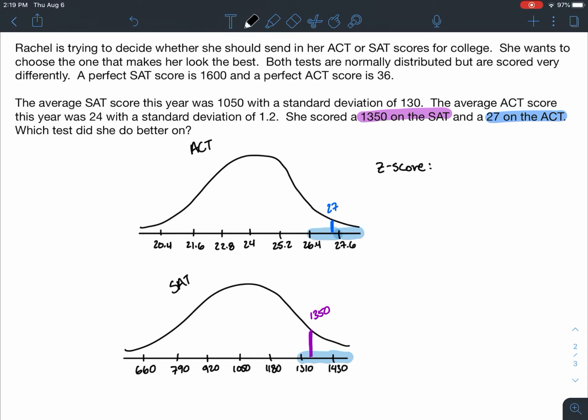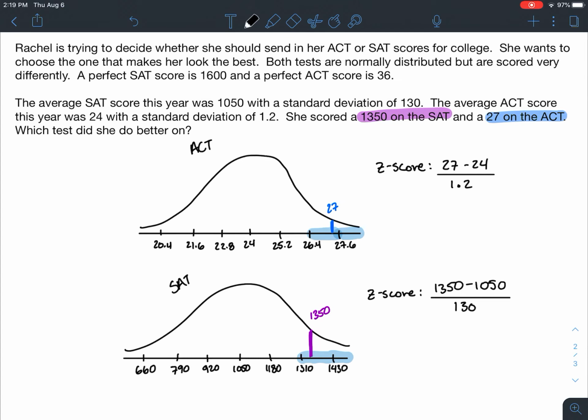On this one's z-score, she scored a 27. The average was 24. And our standard deviation here was, what was it again? 1.2. On the other z-score, the average was 1050 and she scored 1350. And the standard deviation was 130.